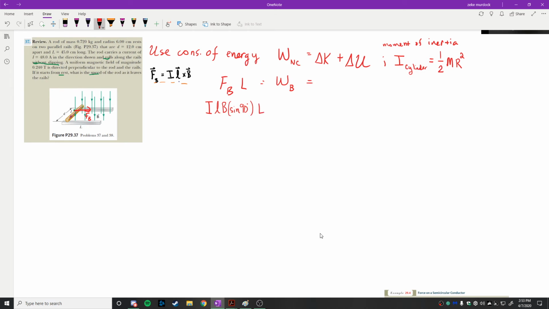That's the left side. That's all there is to it. Oh, in this case, actually, D is the length here, isn't it? So this should be I times D times B. My bad.